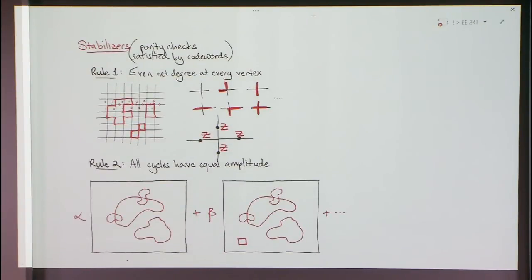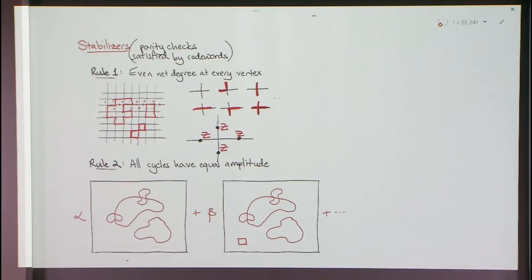And finally, maybe the most interesting thing about this code is what the stabilizers are. There are two different kinds of stabilizers, just like for the repetition code encoded on the dual repetition code: there are X stabilizers and Z stabilizers. The first set of stabilizers tells you that the degree at every vertex has to be even. So it could be 0, 2, or 4, because that's what these string diagrams have. There are no trivalent vertices and no dead ends.